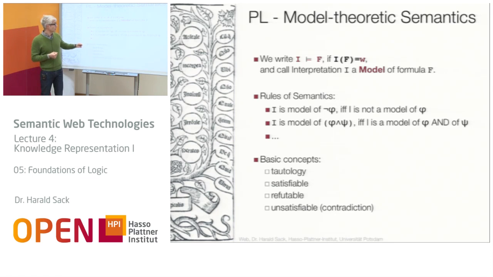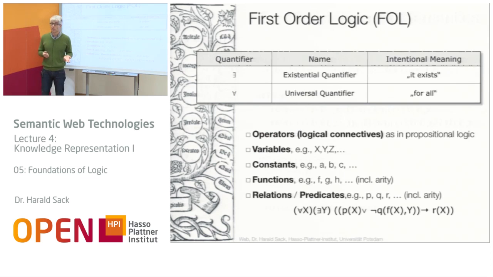A little bit more complicated for first-order logic. In first-order logic, in addition to the logical connectives, we have these quantifiers. Let's remember, first-order logic has the possibility to make assertions and to make statements about sets of things without naming these things, or without naming the individual things.